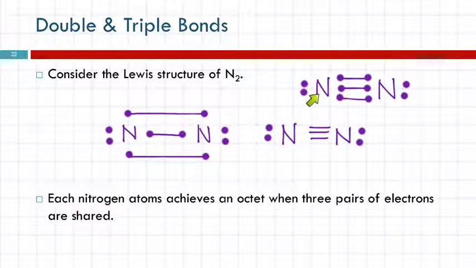So for this nitrogen, counts 2, 4, 6, and 8. Cool, happy. 8 electrons. This nitrogen counts 2, 4, 6, 8. The octet rule. They're transferring or sharing electrons to get 8. So that's a triple bond.